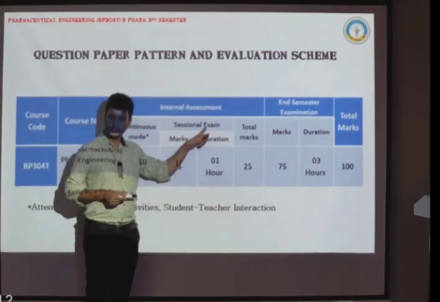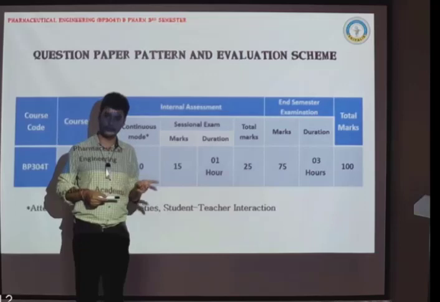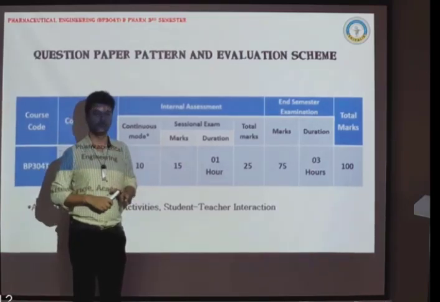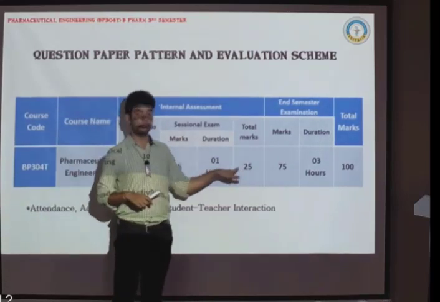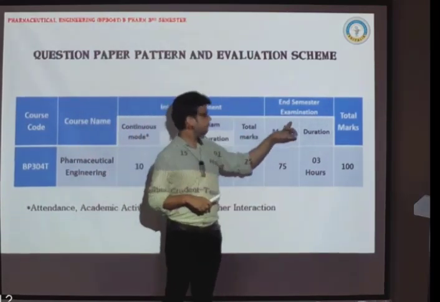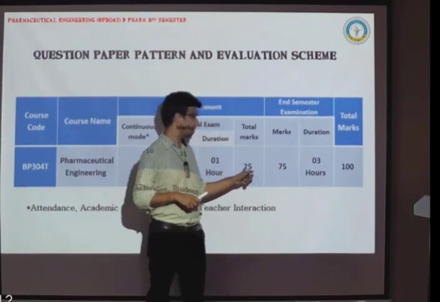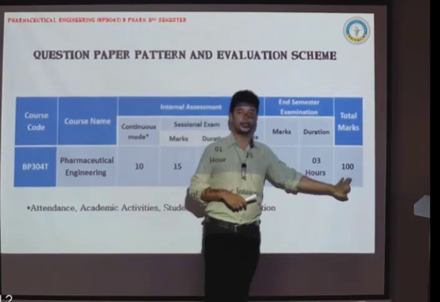The sessional theory examinations are of 15 marks each, and the average of both will be your final marks, making a total of 25. Your end semester examination will be of 75 marks, and the sum of 75 and 25 becomes 100.